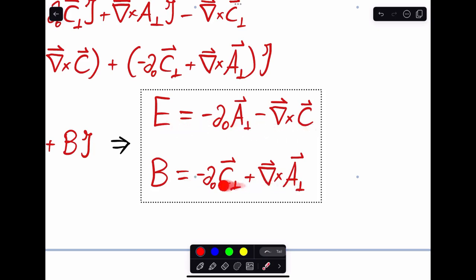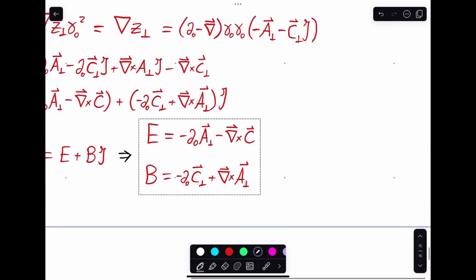And you'll notice that these actually look a lot like Maxwell's equations, where, recall, what was it?